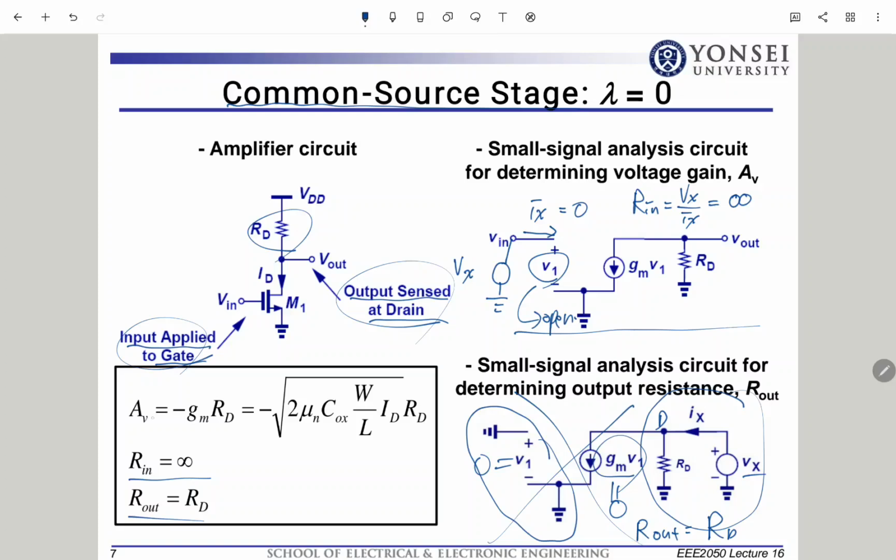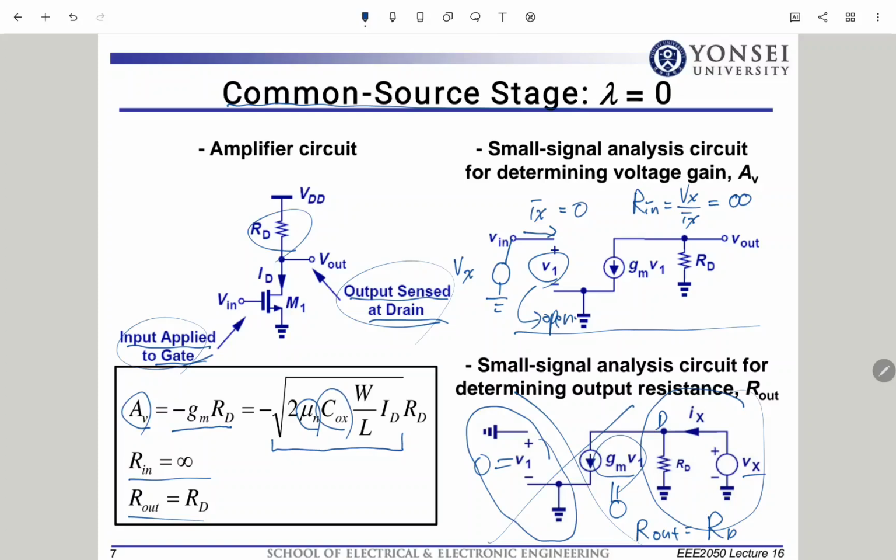The voltage gain is equal to negative Gm times RD, something like the common emitter stage without the Early effect. This is very, very similar. The Gm expression is proportional to mu and Cox.